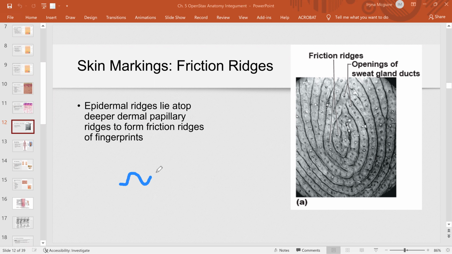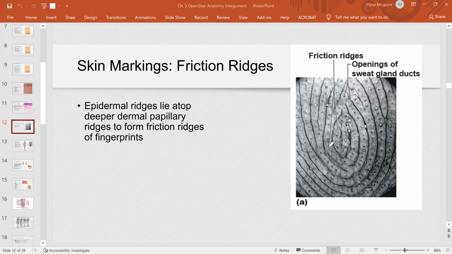And then epidermis is going to pretty much follow this pattern. So it will reflect those dermal papillae, but now we call it epidermal ridges. And in between, you will have openings of the sweat glands. So those dots over here, those are openings of sweat glands and sweat ducts.